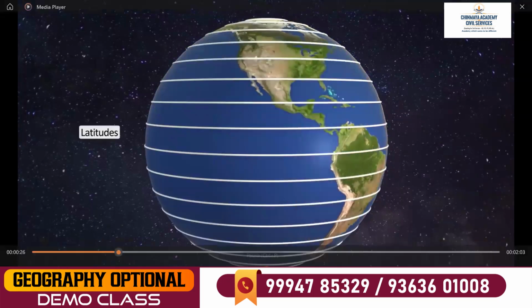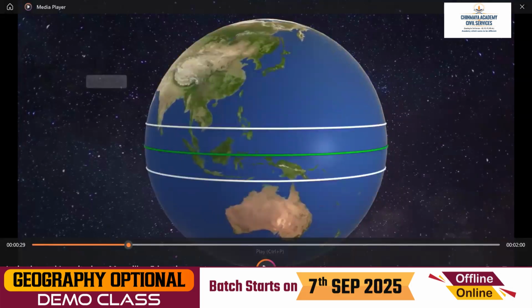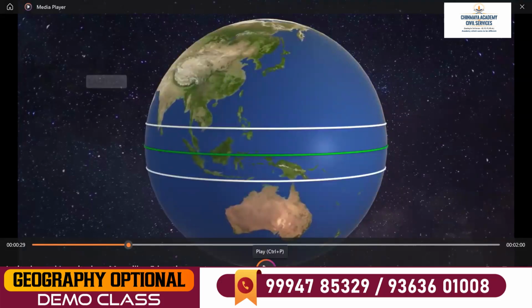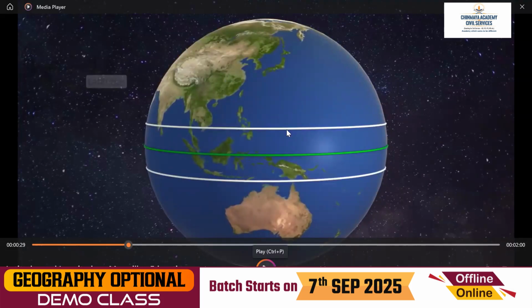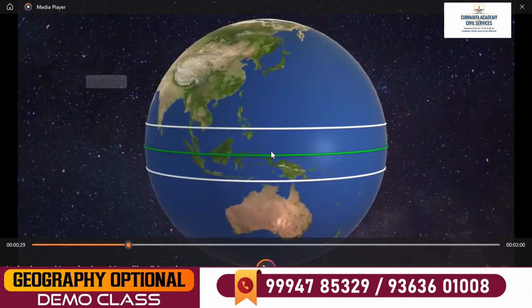So take an apple and cut horizontally, that is latitude. Cut vertically. Okay. When we do this, if I want to divide this apple equally, I have to cut here at the center horizontally.